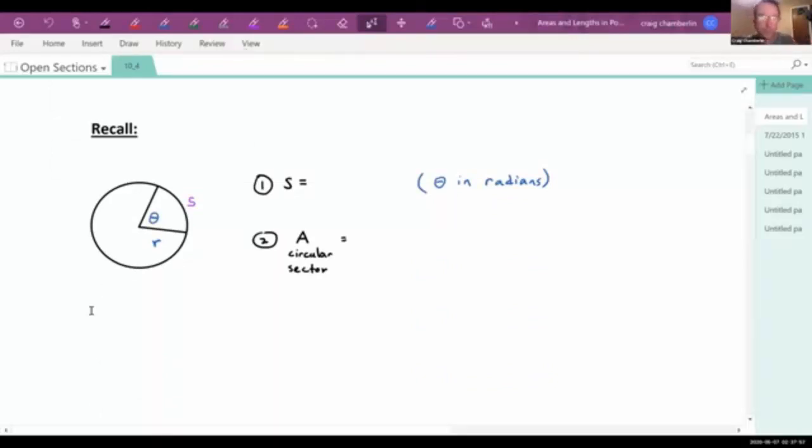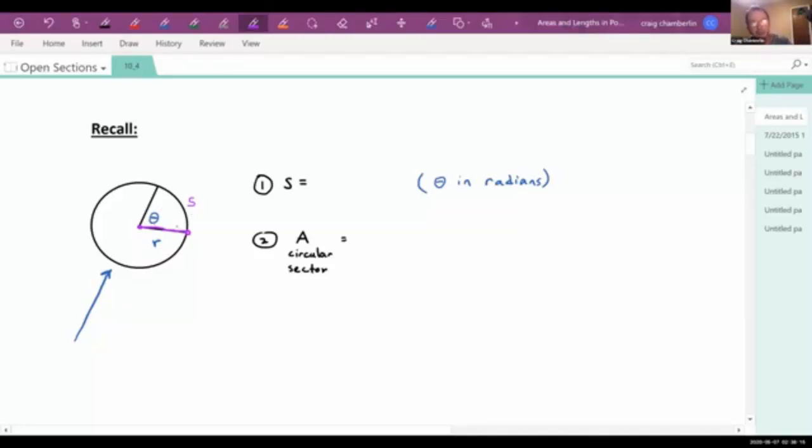So focus your eyes on this circle right here. I don't think I need to tell you that this distance from here to here would be a radius of the circle. We usually call that r, generically speaking.